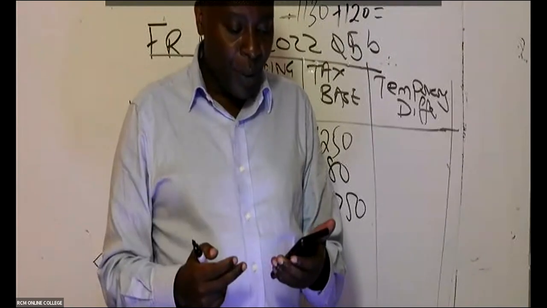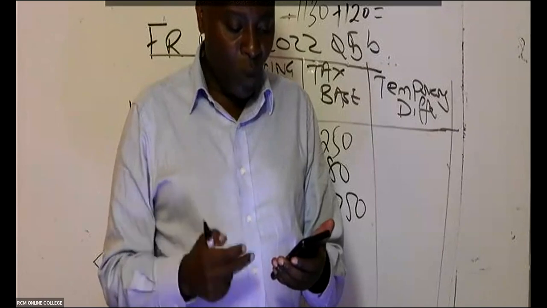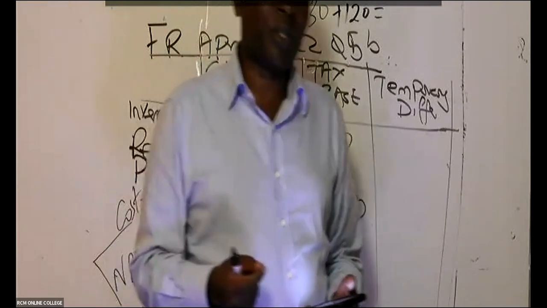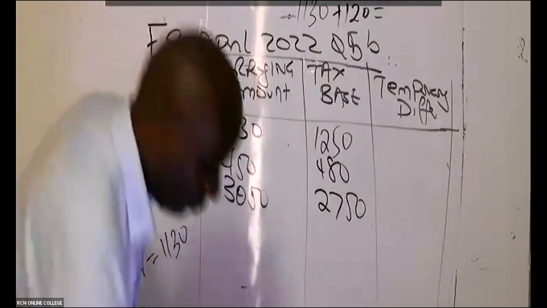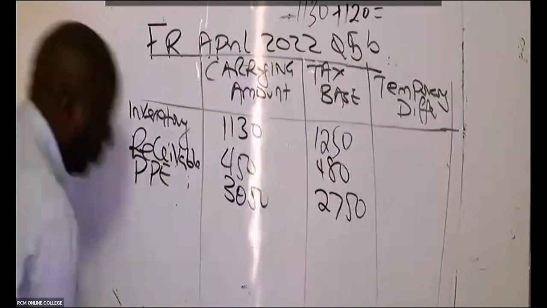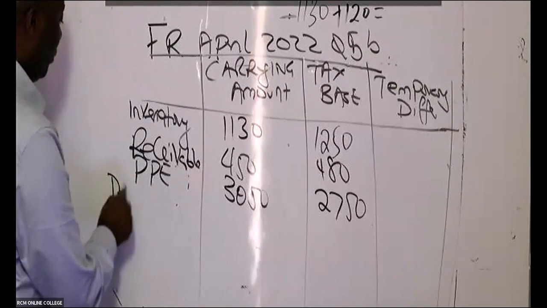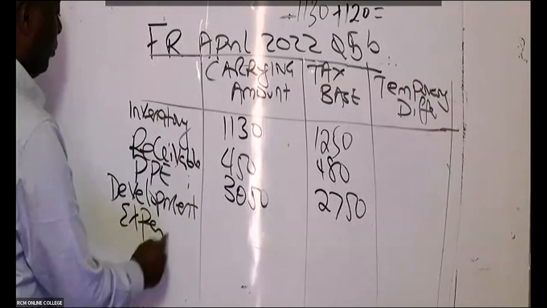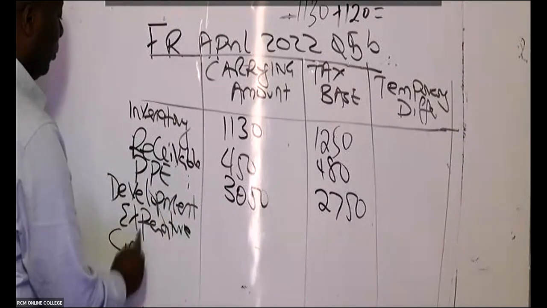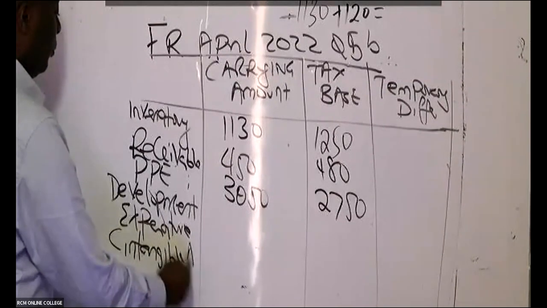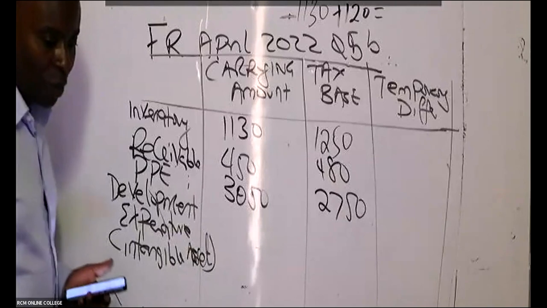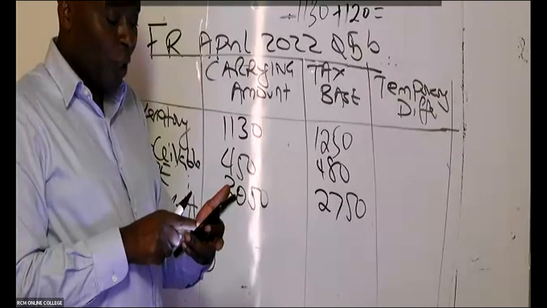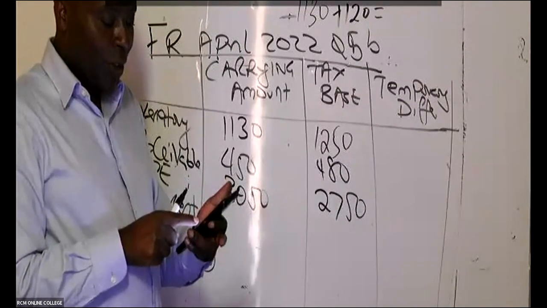During the year to 31st October 2021, development expenditure, which is normally capitalized and taken as an intangible asset, amounting to 480 million, was capitalized.